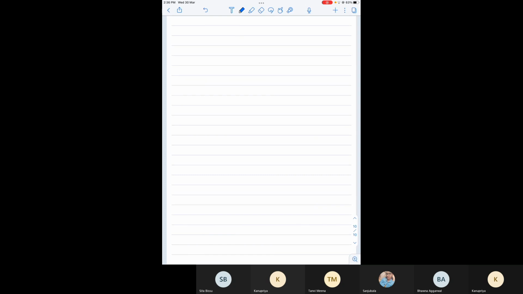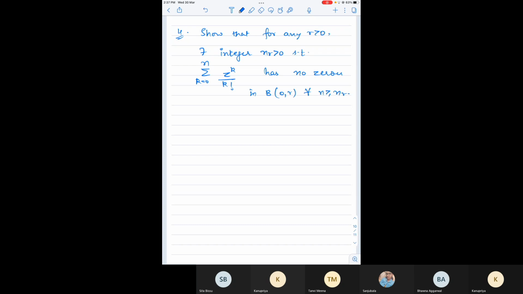Now the next question is: show that for any R positive, there exists an integer n_R such that this polynomial has no zeros in the ball for all n greater than or equal to n_R.